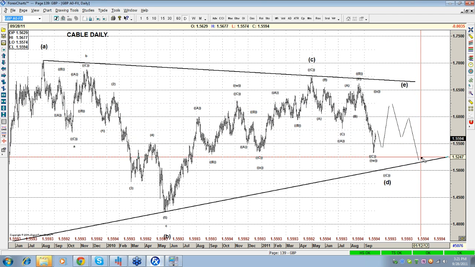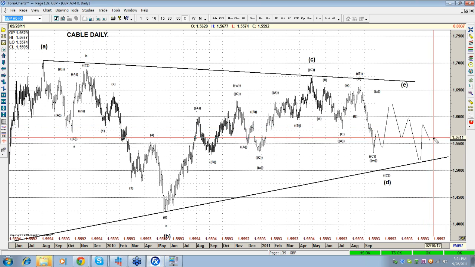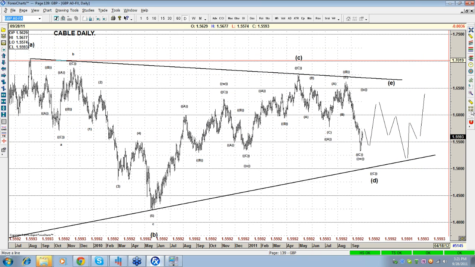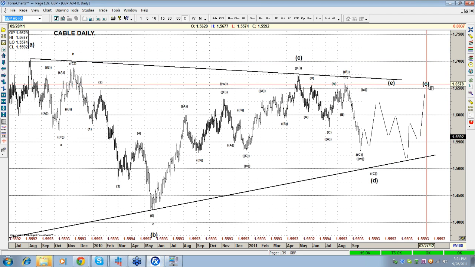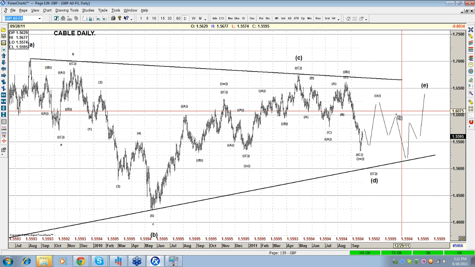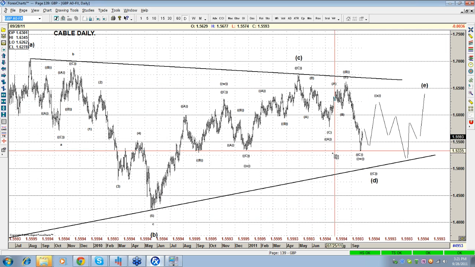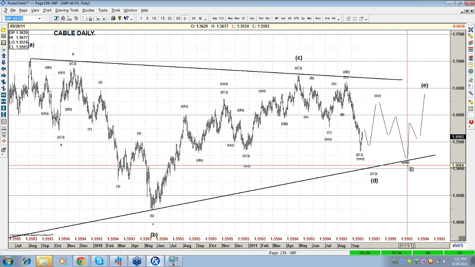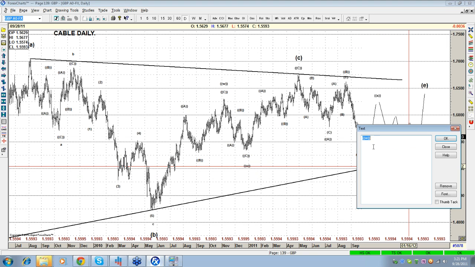This is the most likely scenario on the euro before the clash. You guys agree with me, the euro guys? I tell you why.